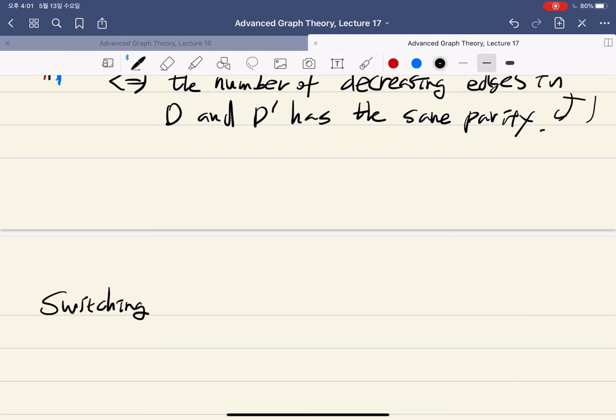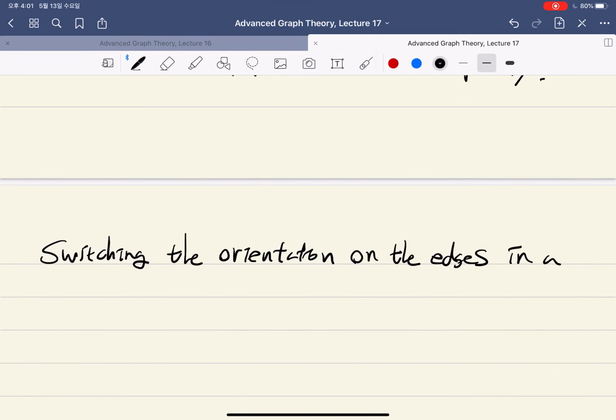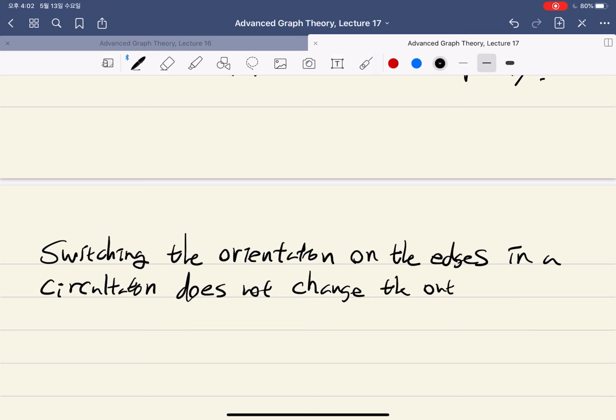So switching the orientation on the edges in a circulation does not change the out degree at any vertex.